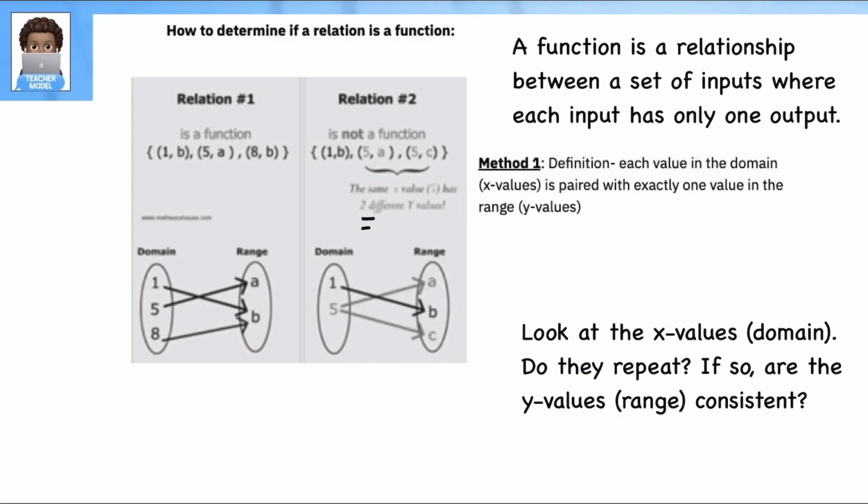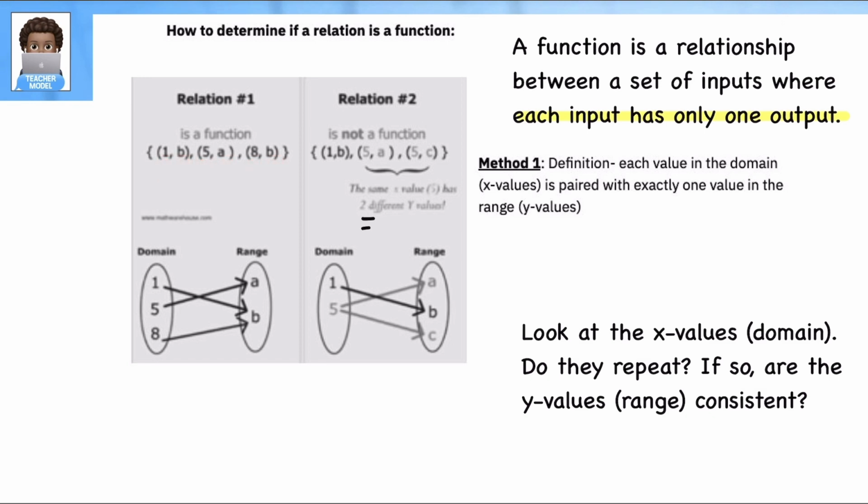So let's talk about how to recognize it, and we're going to look at two examples, if you have coordinate pairs or with mappings. Again, remember our big idea: each input only has one output. So when you're looking at the pairs, this one over here is a function because each one only gives one answer based on what we have.